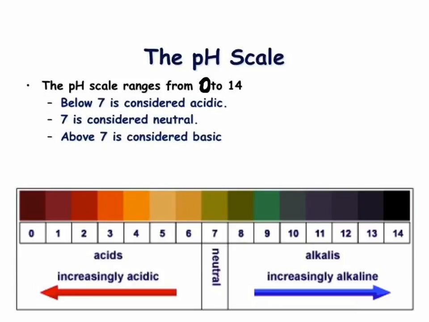Alkali is the same thing as a base. As I go from 7 up to 14, I get more basic. 7 is neutral. You need to know that sometimes you're going to have it below 0.